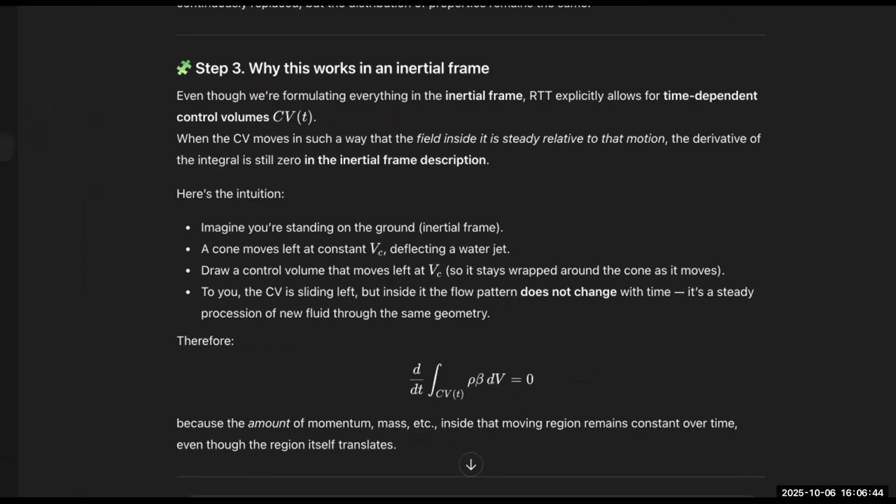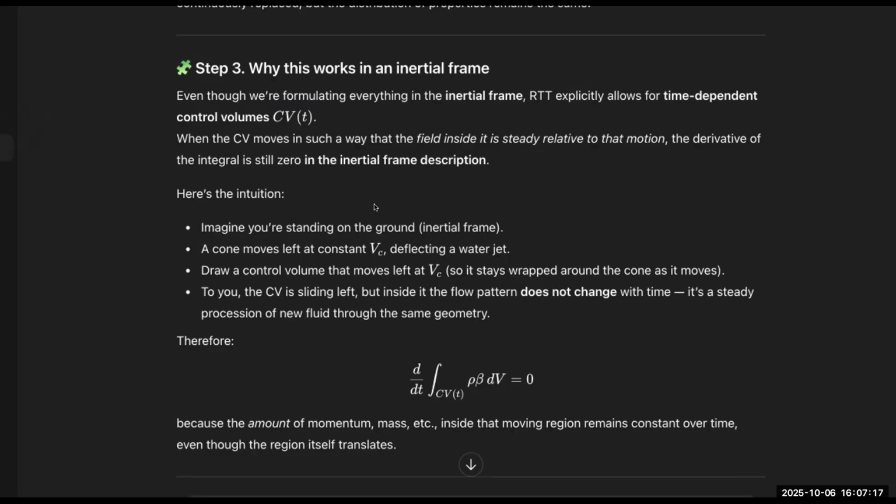So I was actually wondering why the flow could still be modeled as steady state even in an inertial frame. It is because even though we're formulating everything in the inertial frame, it allows for time-dependent control volumes. So when the control volume moves in such a way that the field inside is steady relative to that motion, the derivative of the integral is still zero in the inertial frame description.